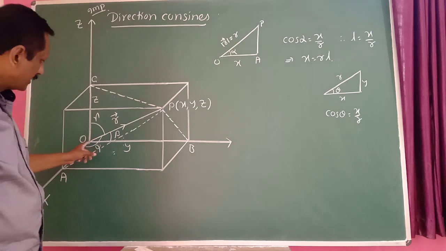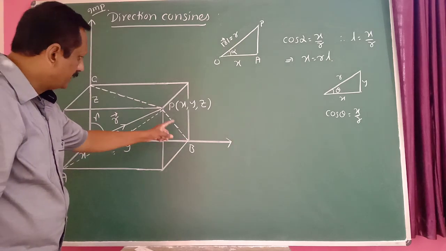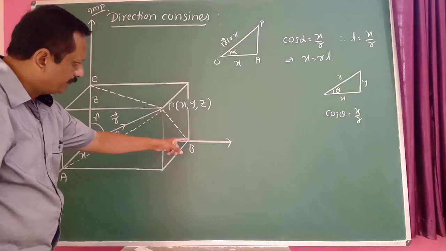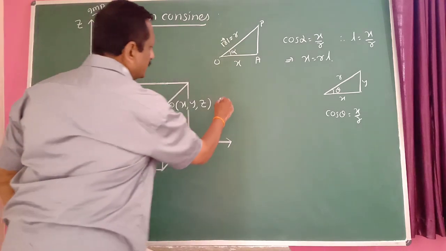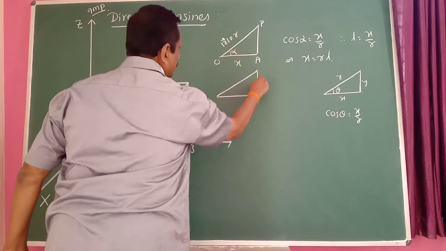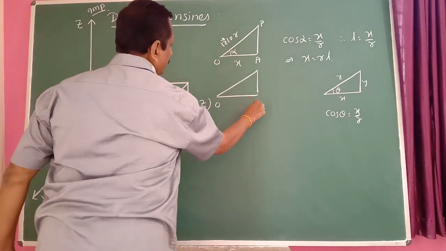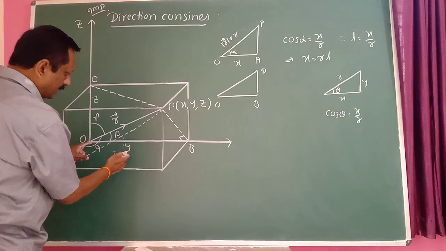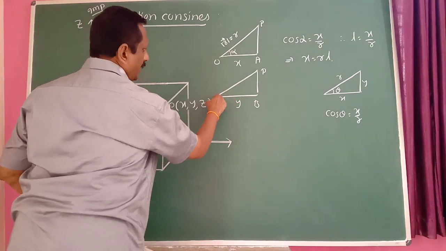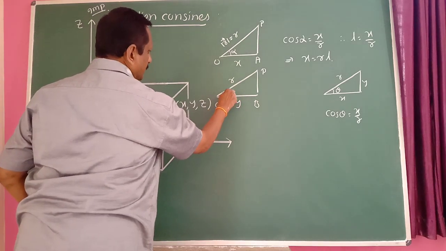Similarly, take the triangle OBP. At this point it is a right angle. Here OB is equal to y, OP is taken as r, and this angle is beta.